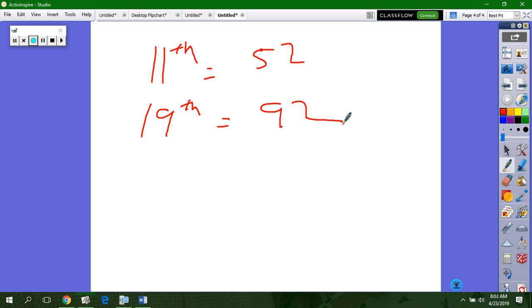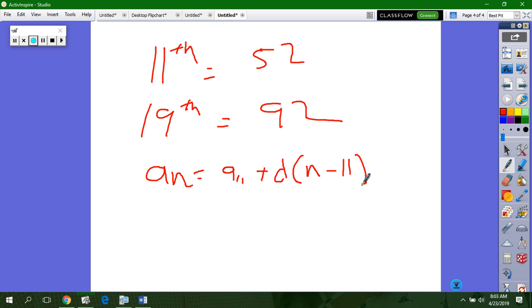How am I going to find it, because both of my equations use a sub 1 or a sub 0, don't they? Do I really want to find my difference and then go back 11 steps to figure out a sub 1 or a sub 0? So this is where the point-slope one can come in. Instead of saying a sub n equals a sub 1, I could put a sub 11 here, plus the difference times n minus... what do you think I'm going to put in?